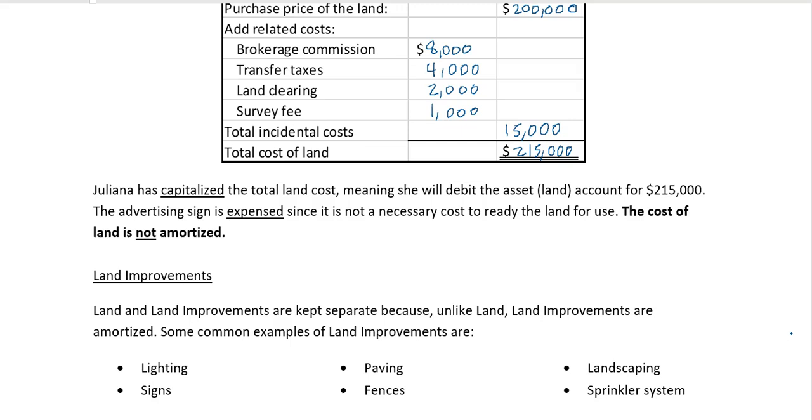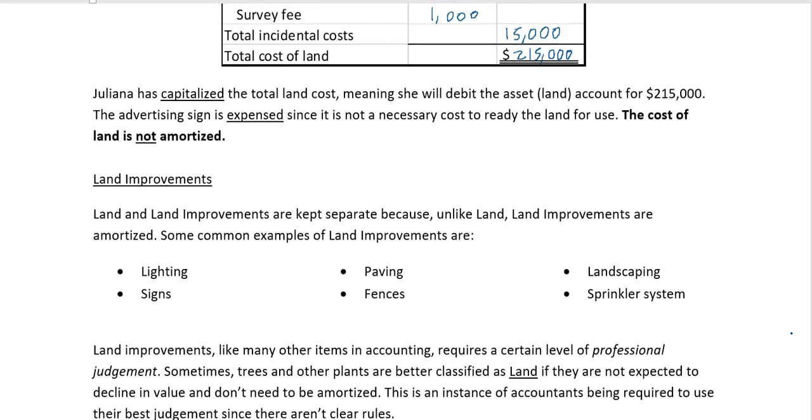So you might have a good sign for 10 years, maybe even 20 years, maybe 30 years. But over time, it won't be as good as it used to be when it was new. With land, the assumption is that it will be useful forever. So we don't amortize land. That's why the advertising sign doesn't belong in land.